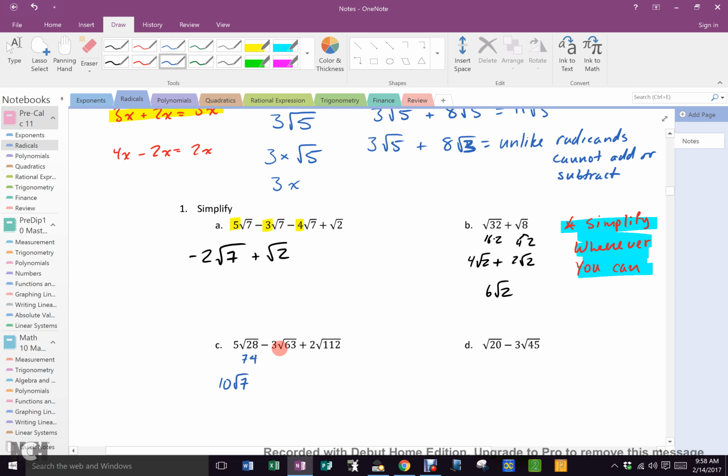What's 63? 7 and 9. 9 has a square root. Out comes the square root of 9, which is 3. There's already a 3 there, so what do I have? 9 root 7. And 112? 16 and 7. What's the square root of 16? 4. There's already 2 there, so plus 8 root 7. Then I can just add it up. And what's the answer? 9 root 7.